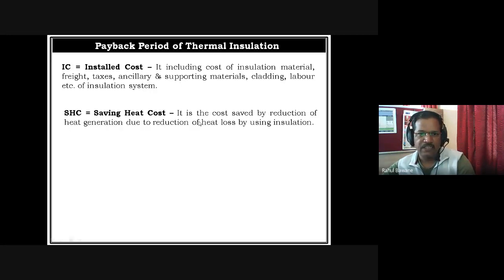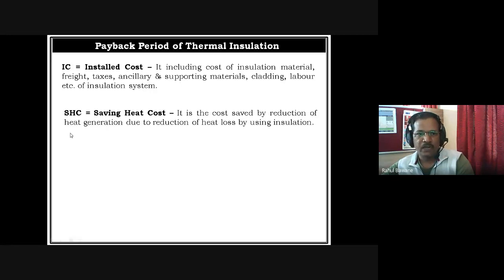So saving heat cost is the cost saved by a reduction of heat generation due to reduction of heat loss by using insulation. Whatever insulation is provided, it is going to reduce the heat loss, and if it is reducing heat loss, that means we require to generate a lesser amount of heat for the same output of the system.